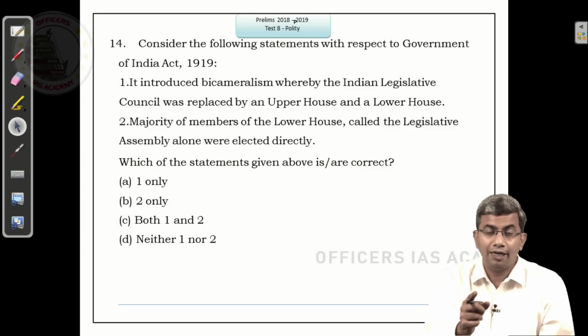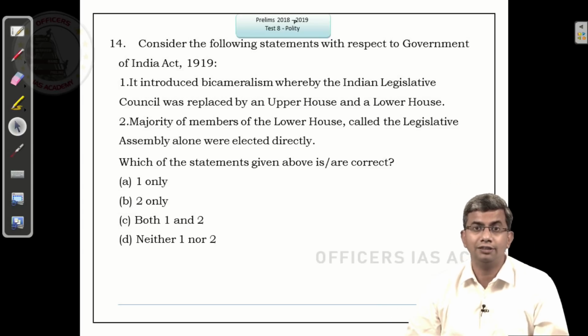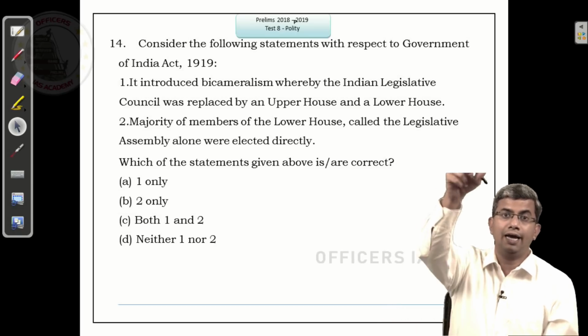And 1919 introduced bicameralism at the center, diarchy at the provinces. 1935 introduced federalism at the provinces and diarchy at the center.